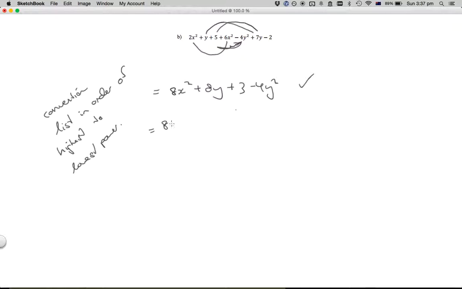So the correct answer would be 8x squared minus 4y squared plus 8y plus 3. So they're both correct, but this one's just more in line with convention, to list in order of highest to lowest power. When I talk about power, I'm talking about these things here. Great.